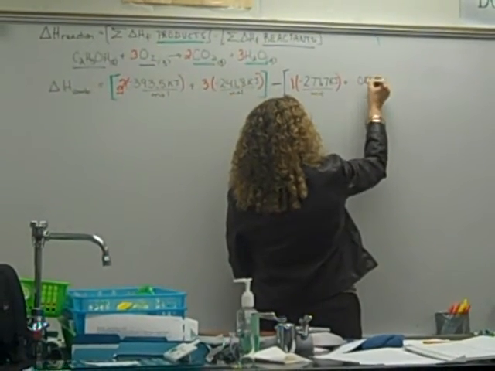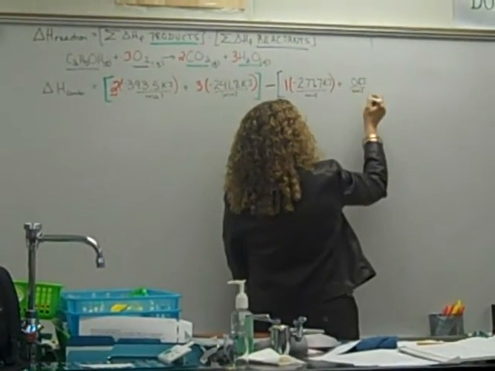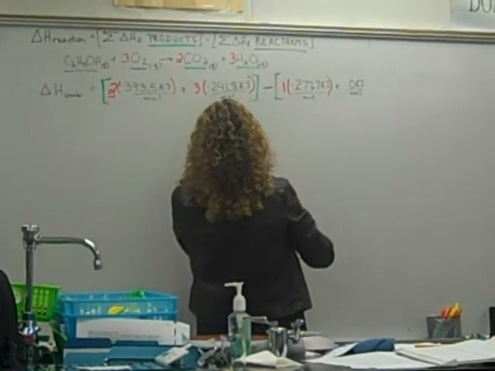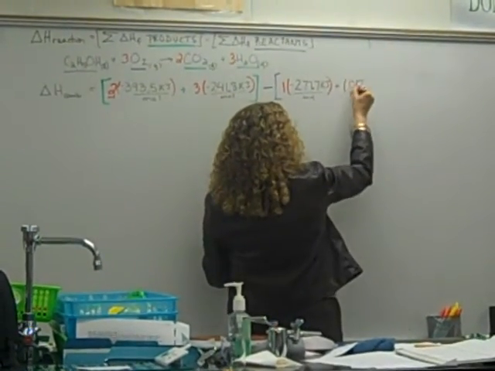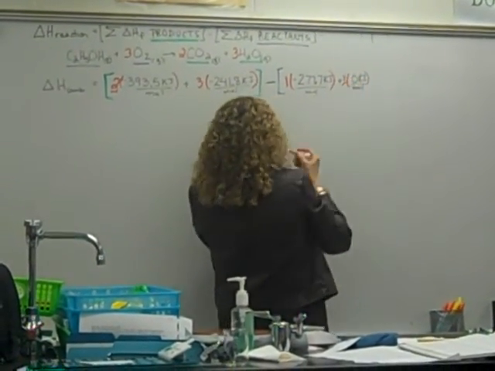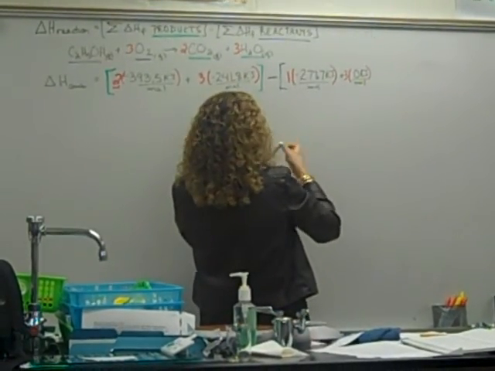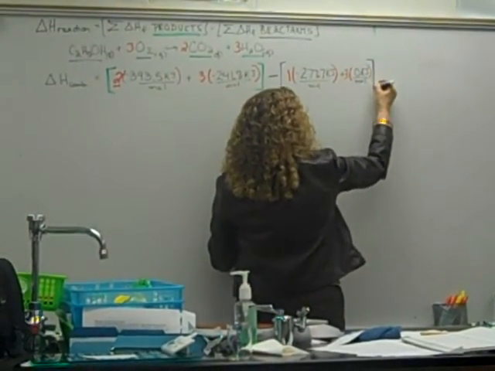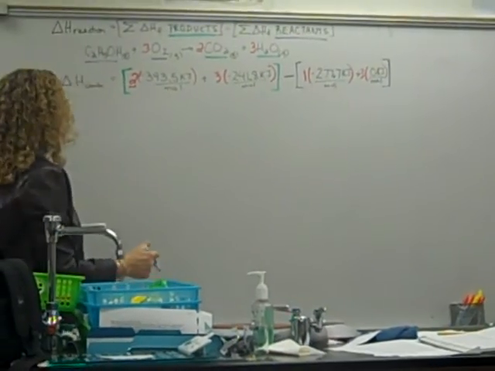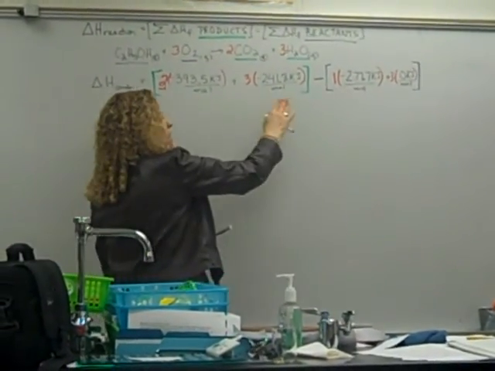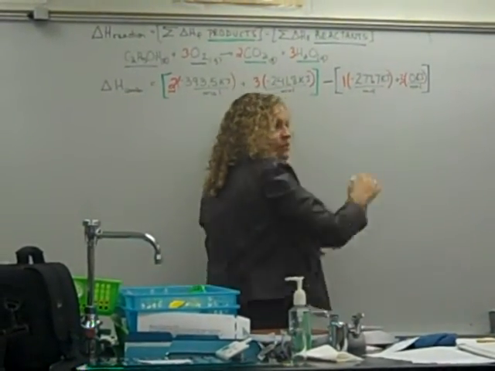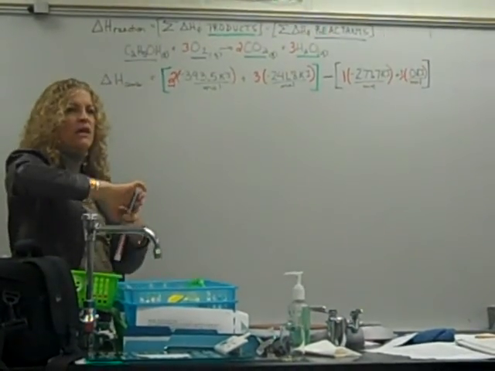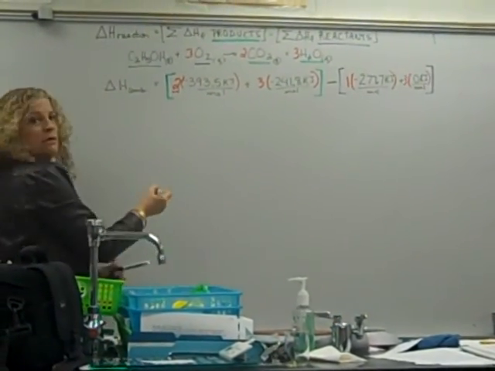All elements are 0. And so how many moles of that do we have? We have 3, but it doesn't really even matter because it is a 0. Okay, so now we have all of our reactants. So we've got products minus reactants. If you guys could get out your calculators and find a total, that would be great. Maria, go ahead.